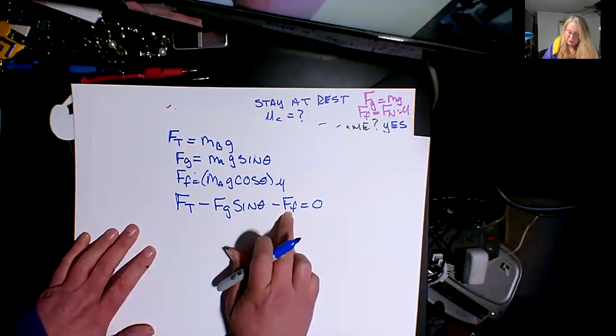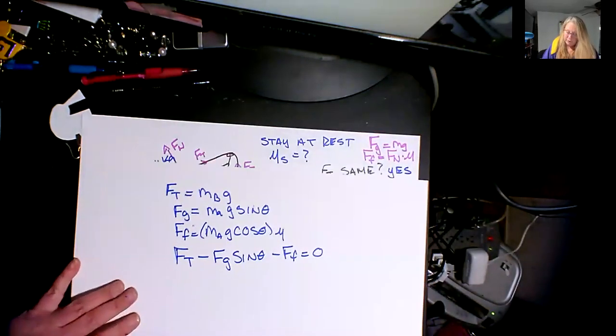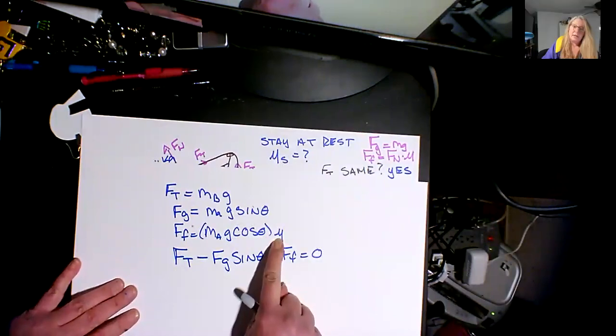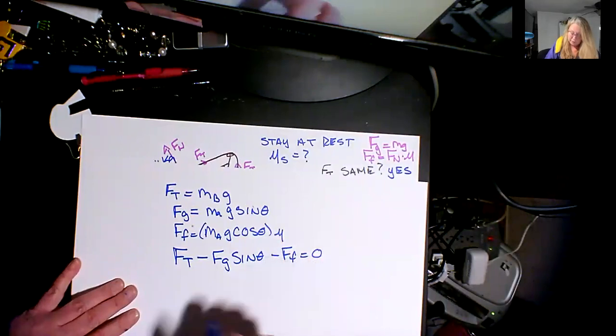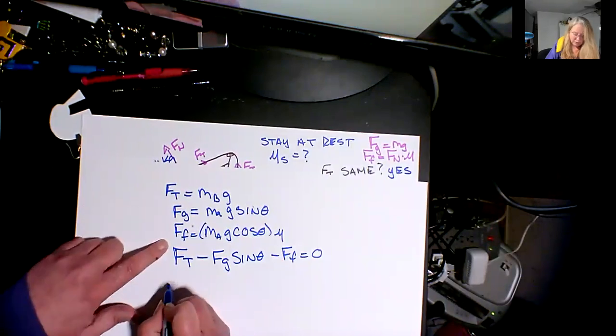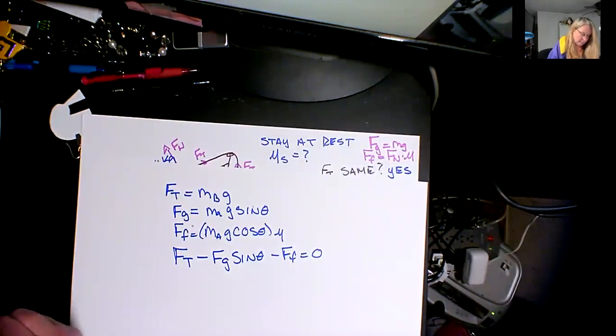That's where we wanted all the substitutions from. So force of friction, the question was, remember, asking for mu. Force of friction has that coefficient of friction in it. So if I want to solve for this, then the force of friction is the one I'm going to move to the other side. So I'll have, making my substitutions now, let me do it in a different color.